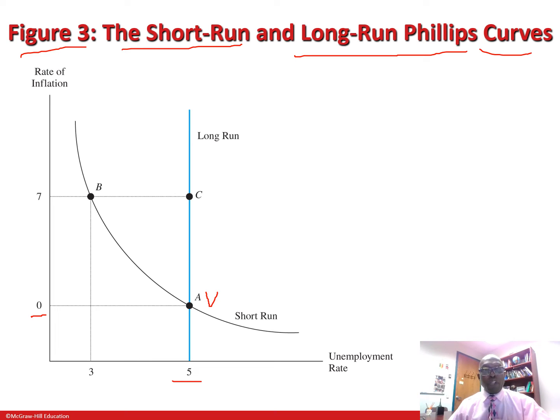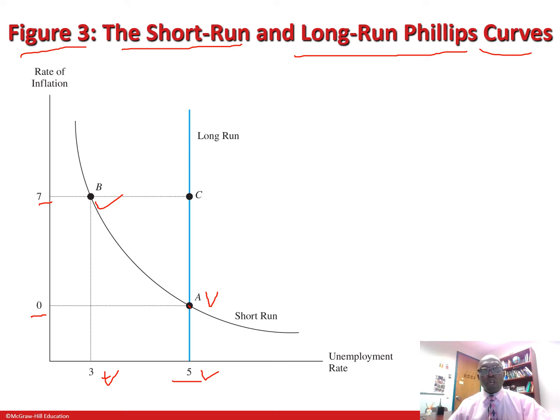If inflation increases from 0 to 7%, many job seekers will find jobs that meet their reservation wages, and the unemployment rate will fall from 5% to 3%.